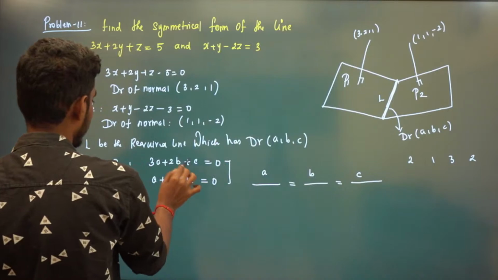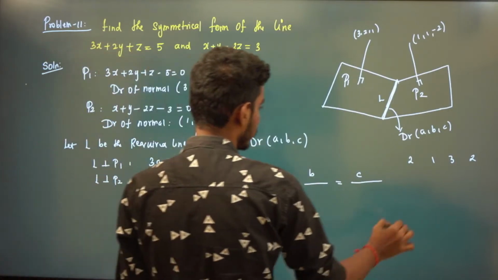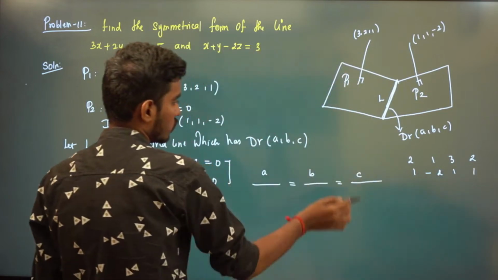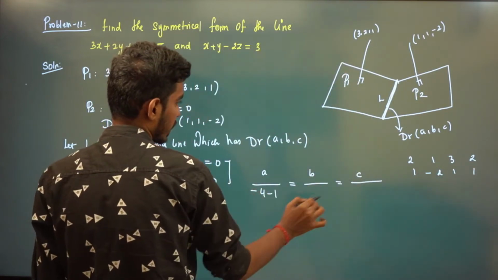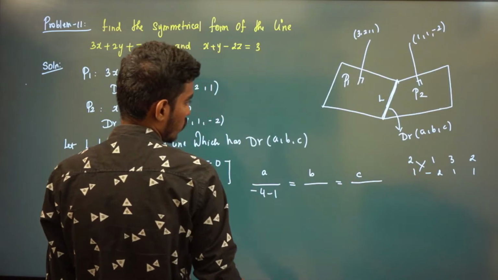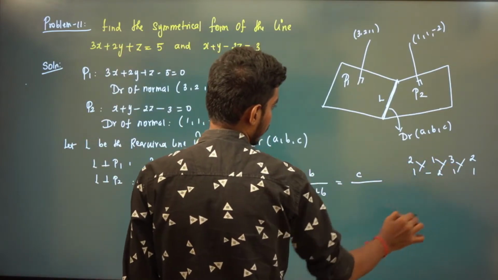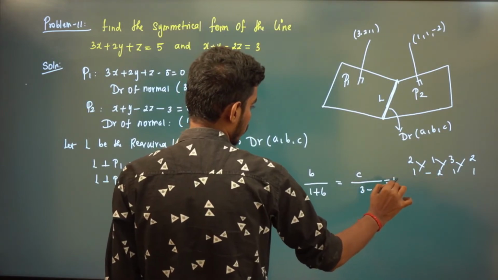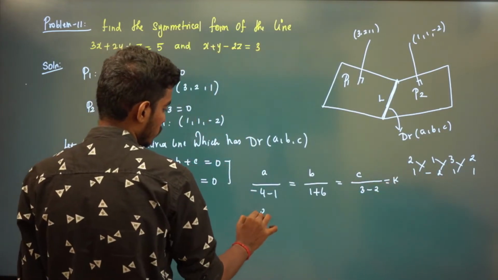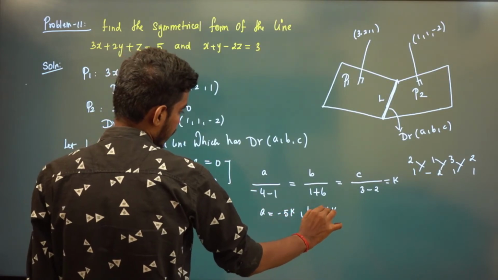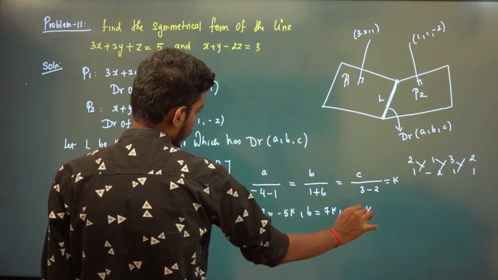So minus 4, minus 1, 1 plus 6, 3 minus 2 equal to k. So we have a is minus 5k, b is 7k, and c is k.